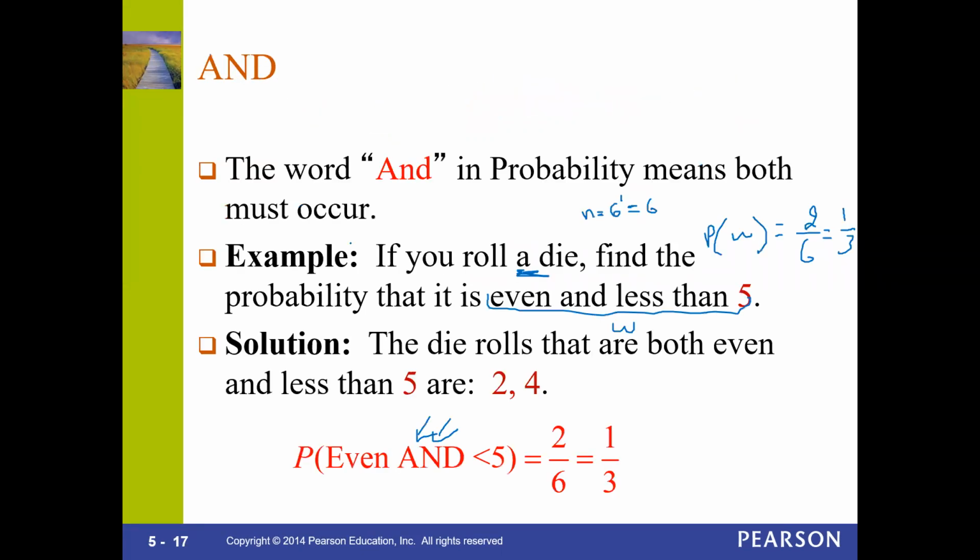Whenever I look over here, this is the probability of A and B, in which A would be the even values, and B would be anything less than 5.